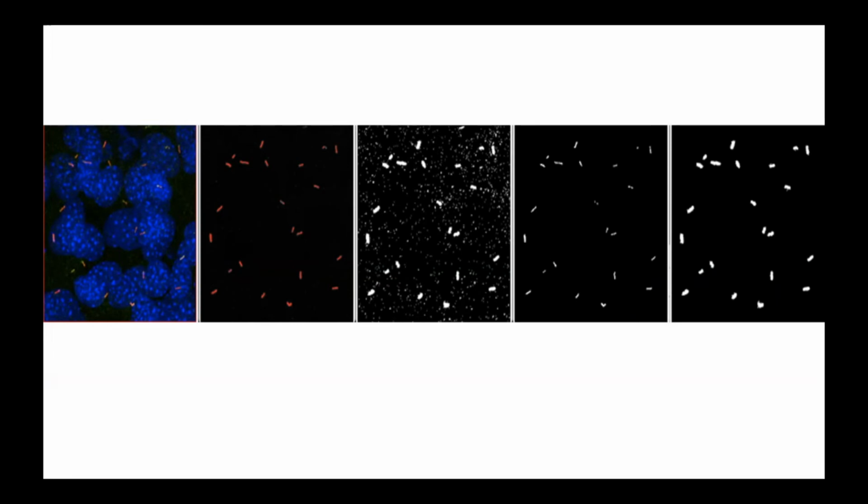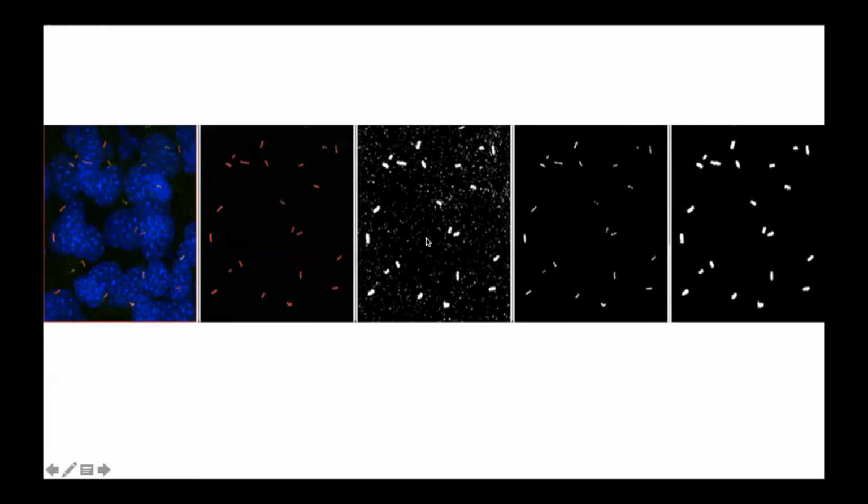In the end, the hysteresis threshold will then combine both thresholds, and all pixels above the high threshold are considered cilia. Pixels between high and low threshold will be considered cilia pixels, but only if they connect to pixels above the high threshold. And all pixels below the low threshold will be neglected.